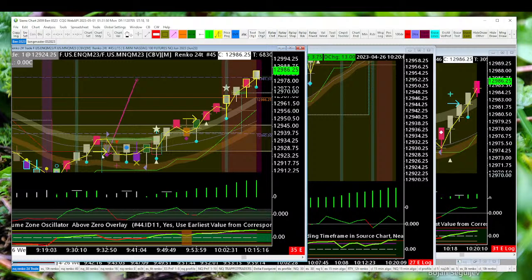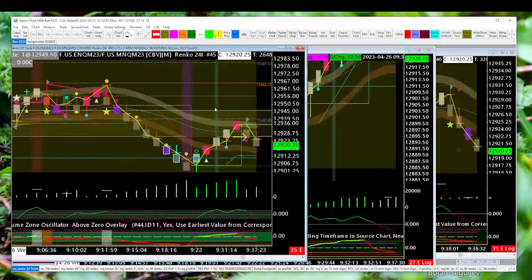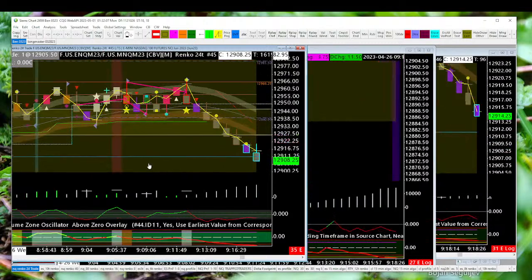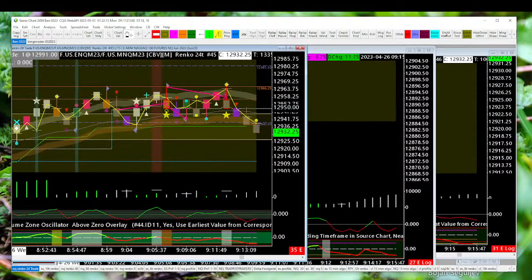But this one would be a bearish signal on a bearish closing Renko bar. If it's bearish and followed by a red triangle like this, we would expect that pullbacks can be sold, but that only works if it's bearish. And in this case, it might just be a straight-up stop.